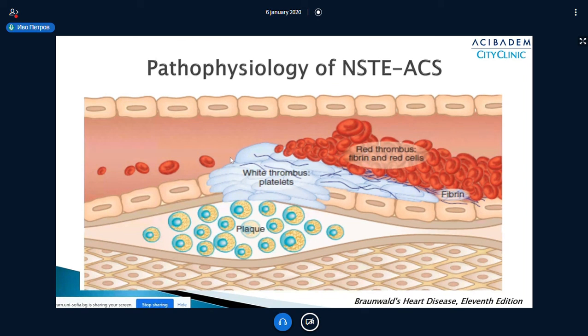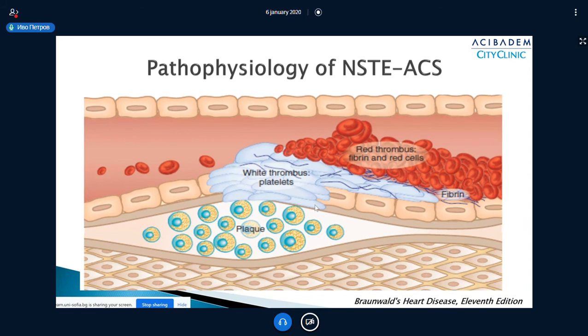So non-critical, non-ischemic driven. And in case the plaque is rich in low density lipoprotein, a big lipidic core, the higher the lipid core is, the higher the probability of destabilization and total thrombosis.